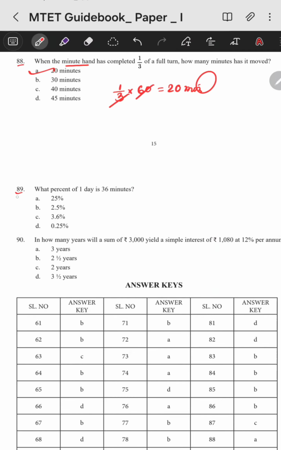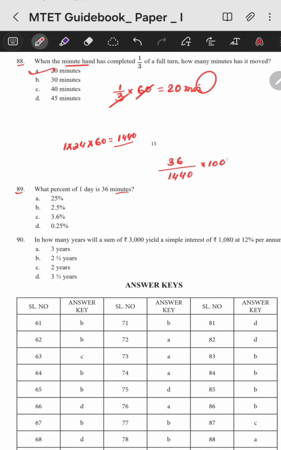Next question number 89, they ask here, what percentage of 1 day is 36 minutes? So let's simplify here. That is 36 divided by 1 day. 1 day means 1 into 24 hours. Then since minutes are given, we convert into minutes, so we multiply with 60. We'll get 1440 minutes. So let's write here 36 over 1440 minutes, and to convert into percentage we multiply with 100.